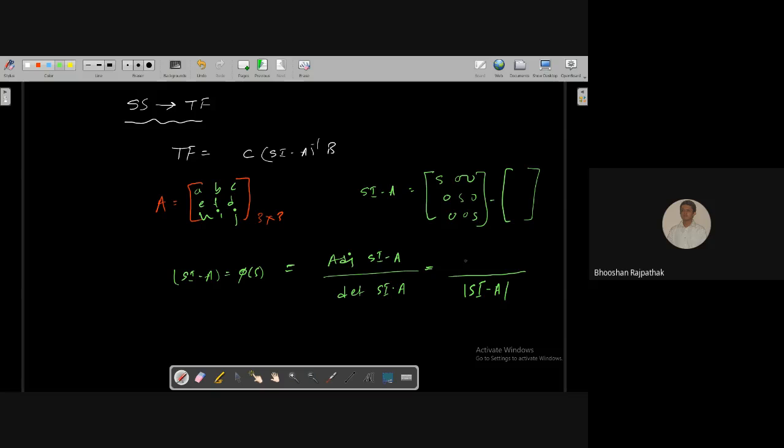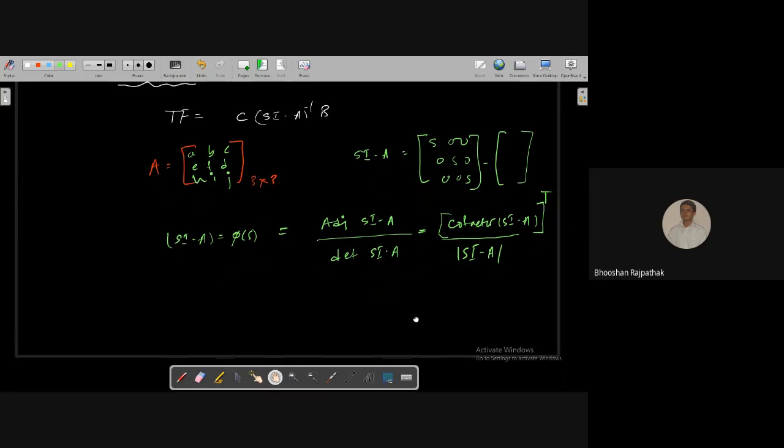Typically, the determinant is denoted by this, sI minus A, and the adjoint of sI minus A is nothing but the cofactor of sI minus A and the transpose. So for 2 by 2 it's okay, but when you have a 3 by 3 system and you calculate the inverse, for every element of sI minus A you find the cofactor.